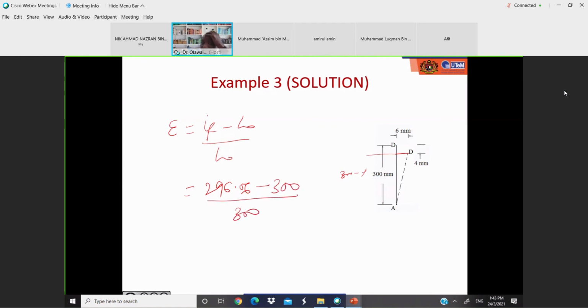Now, for some of you, because it's going to be negative, you are scared. Oh no, cannot have negative. This is compression. Because it's compression, it's going to be negative. If it is elongation, it's going to be positive. So the answer must be negative because it's compression. It's going down. So your answer will be minus what?